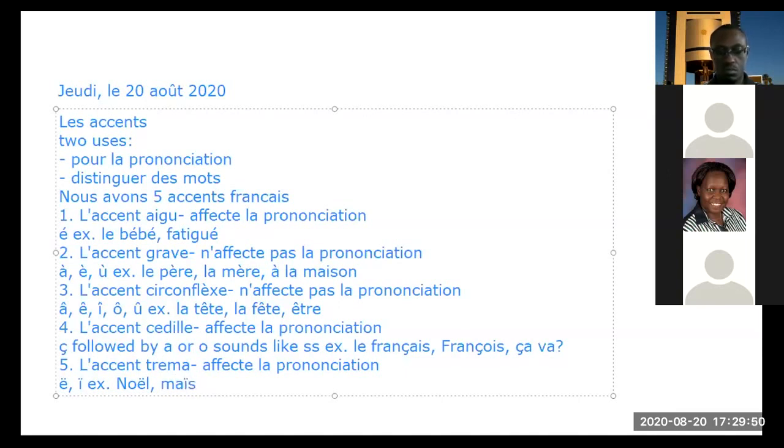And also, funny enough, the word Nairobi will take E with a tréma, because French people can never pronounce the noun Nairobi the way we write it. They would pronounce it differently, but with the tréma, it will become Nairobi. So basically, these are the 5 accents that we have in French.